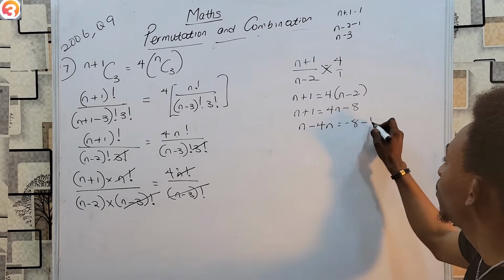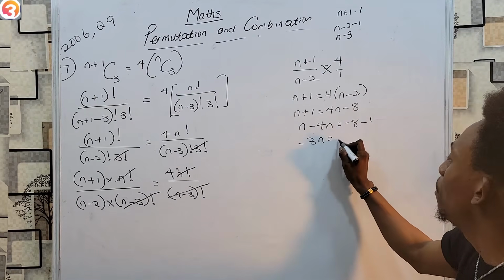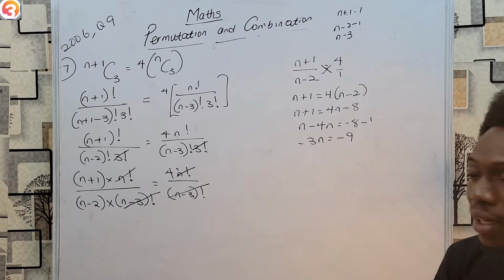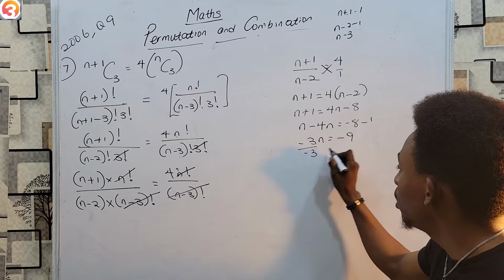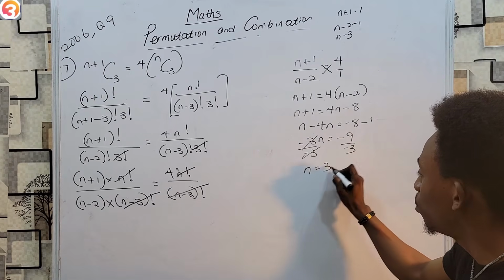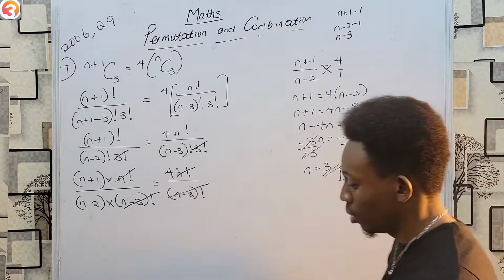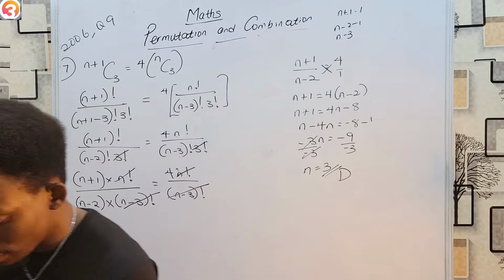Plus 1 to the right, minus 1. n minus 4n is minus 3n, equals minus 8 minus 1, which is minus 9, over minus 3 over minus 3. And n must be equal to 3. And that is option D.